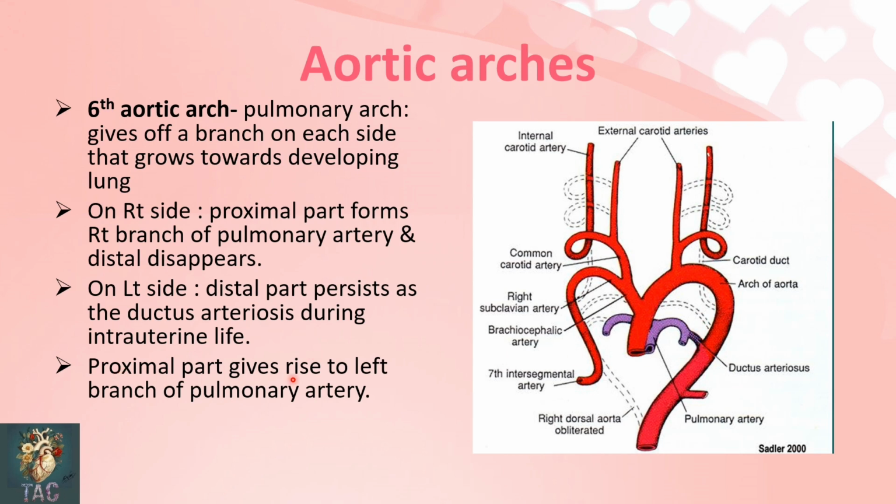The proximal part gives rise to the left branch of the pulmonary artery. Here is the proximal part of the sixth arch, which will form the proximal part of the left branch of the pulmonary artery. So these are all the aortic arches.